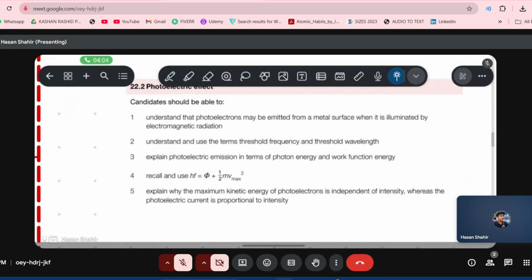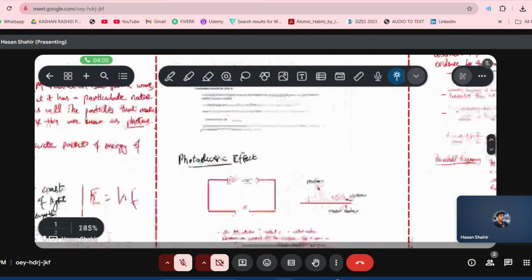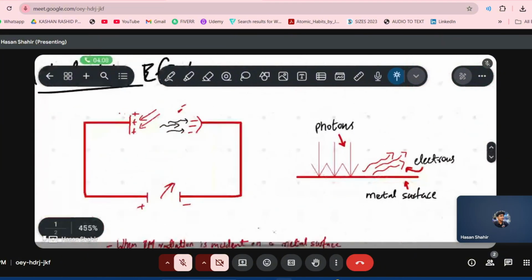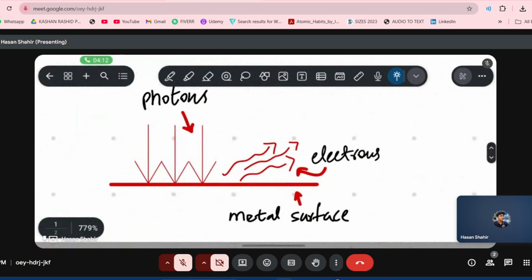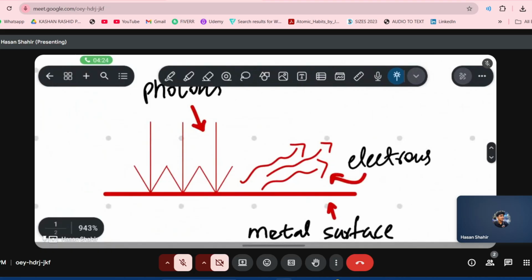All right. So right here I have two diagrams, and the one which you would be most familiar with is this one. This is the basic concept of the photoelectric effect. This is a metal surface, and on the metal surface you project electromagnetic radiation.